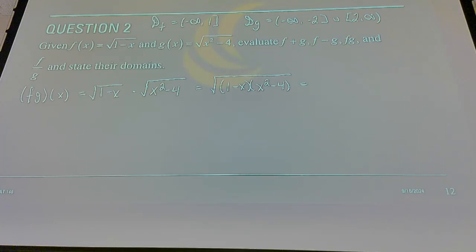And that can be simplified. And this negative x cubed, I'm going to have a plus x squared, a plus 4x, and then a minus 4.